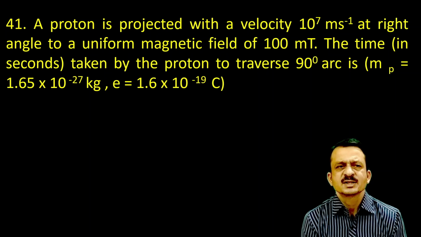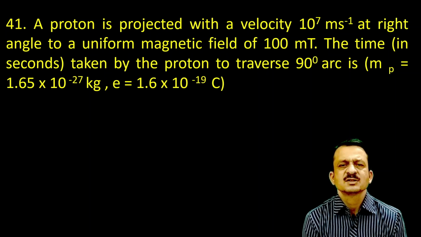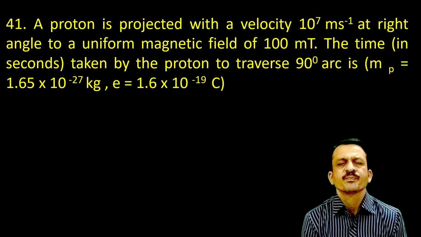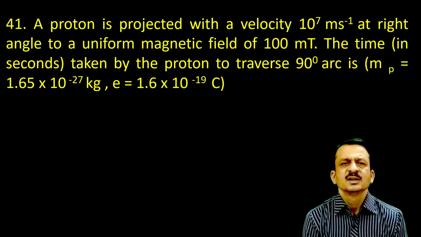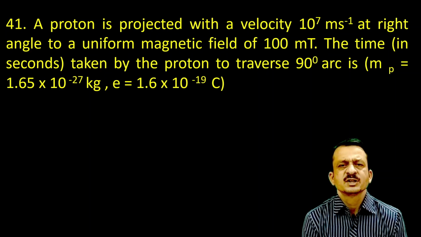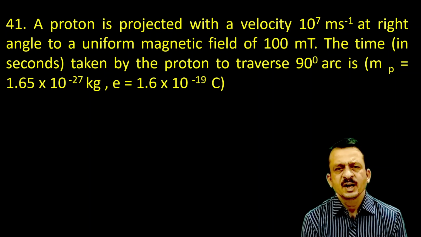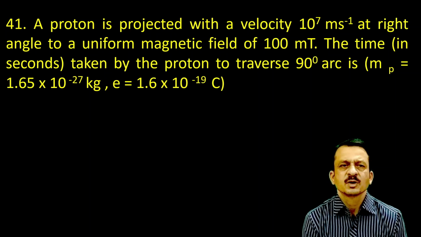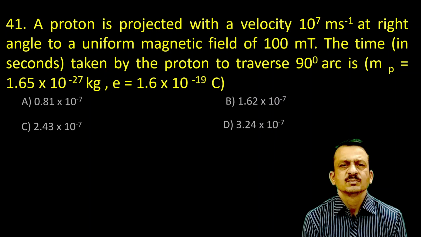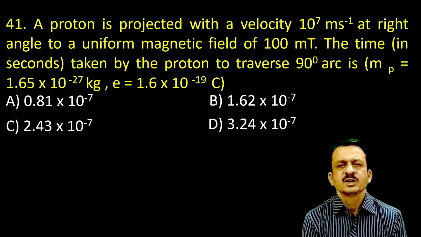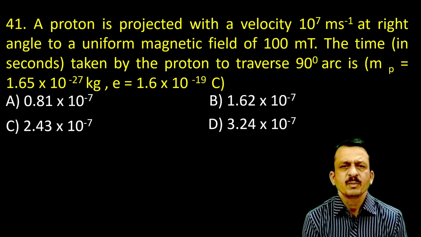We have to calculate the time in seconds taken by the proton to traverse a 90-degree arc, given the mass of the proton is 1.65 into 10 raised to minus 27 kg, and the charge is 1.6 into 10 to the power of minus 19 coulomb. The options are 0.81 into 10 raised to minus 7, 1.62 into 10 raised to minus 7, 2.43 into 10 raised to minus 7, and 3.24 into 10 raised to minus 7.